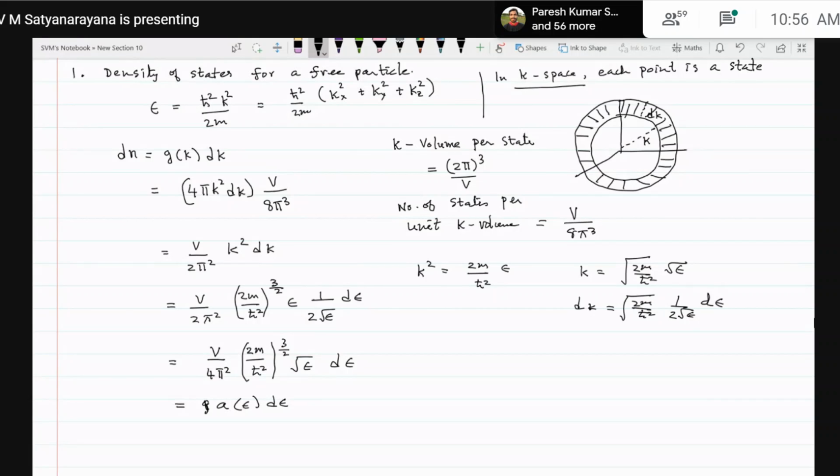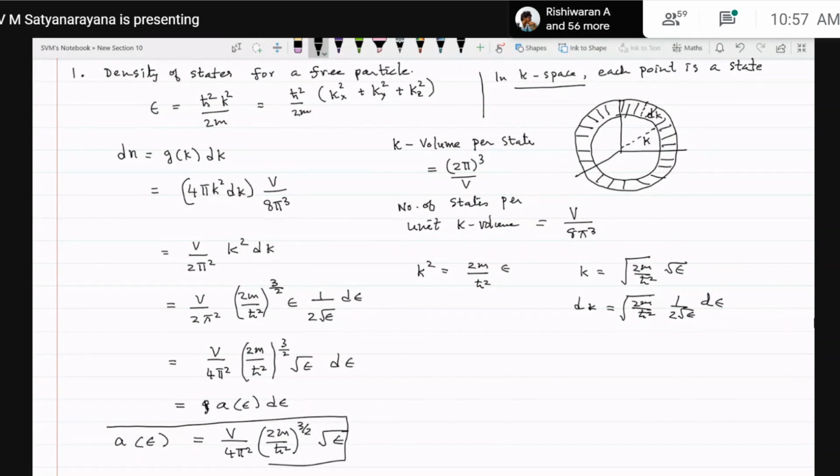So from there I can read out the density of states: A of epsilon is equal to V divided by 4 pi square into twice m by h bar square to the power 3 by 2 times the square root of epsilon. So this is the density of states of a free particle in 3 dimensions.